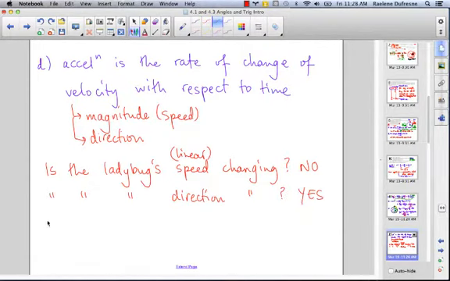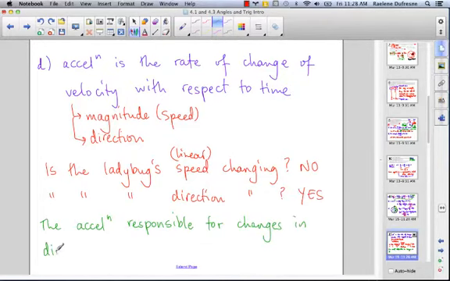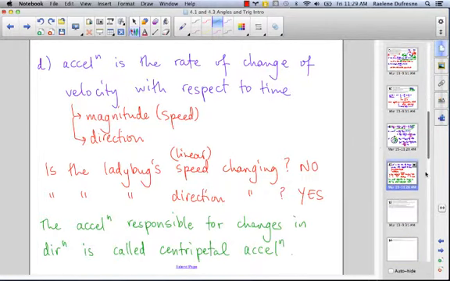And we define in physics that the acceleration responsible for changes in direction is called centripetal acceleration. We won't work out the formula for centripetal acceleration, but we will make connections to physics later on. Okay, let's move on to the next piece.